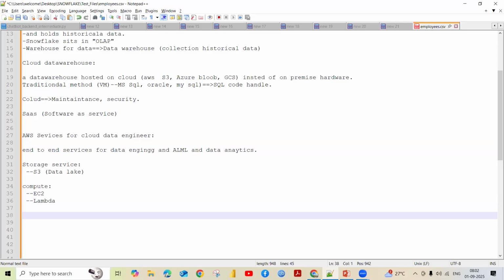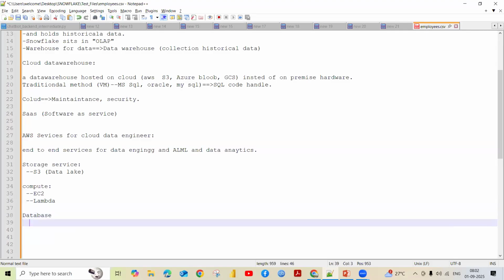And we have databases. Inside Snowflake, there is similar functionality to an RDBMS, right? What an RDBMS is used for in day-to-day activities in your job. Let's say MS SQL, we have stored procedures, tables, views, relationships, and functions. Many aspects are part of an RDBMS, right? All these things are handled in AWS using the database service.